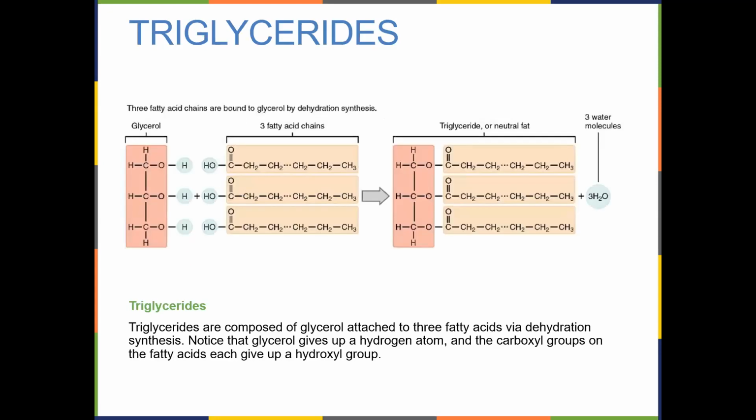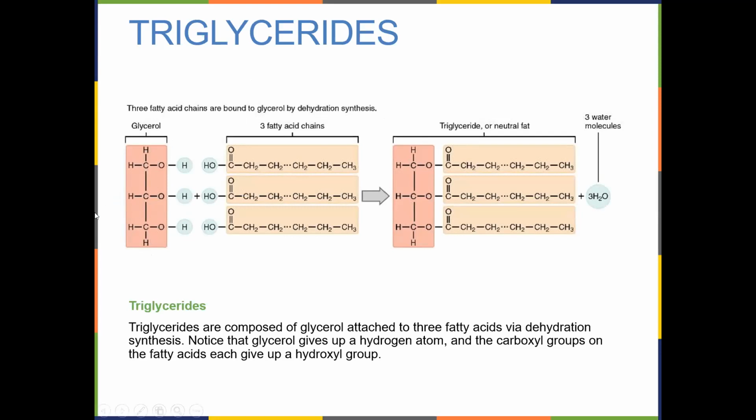So this is what a triglyceride looks like. Over here on the left-hand side is the 3-carbon glycerol. Carbon, carbon, carbon in a row. And this OH group here and here and here is indicative of an alcohol. That's called the hydroxyl. That OL ending again.